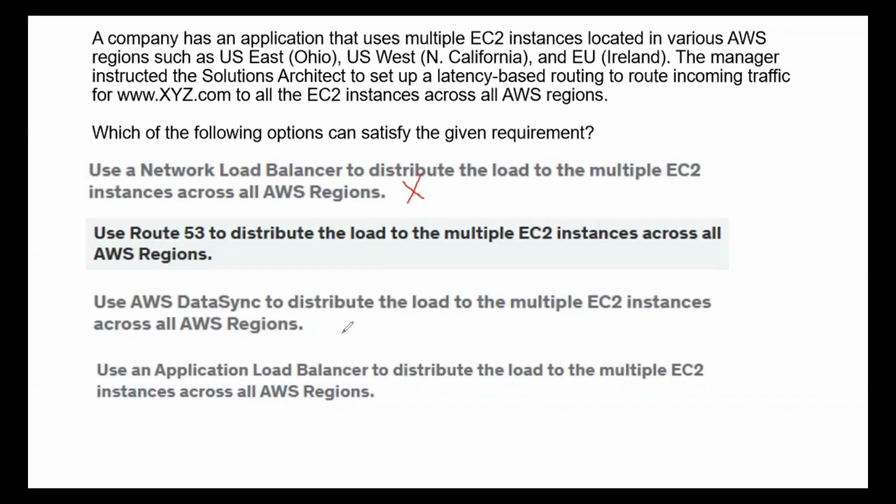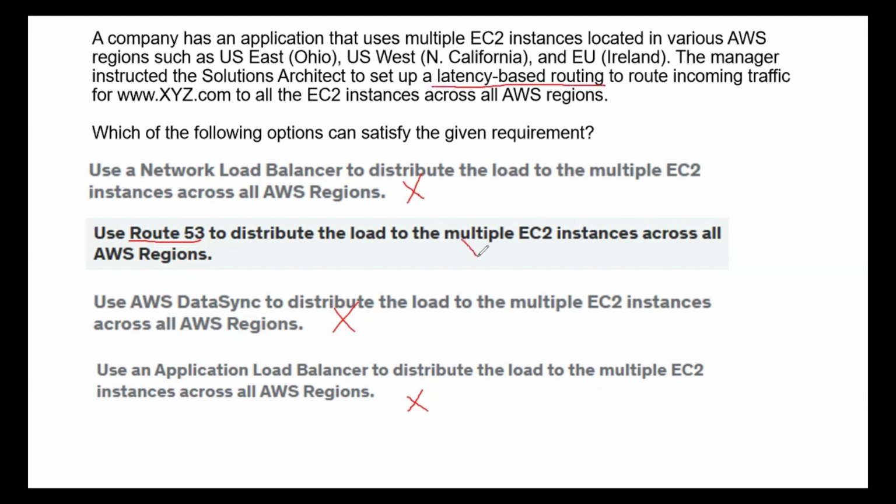And AWS DataSync to distribute the load. DataSync is not a service to distribute the load, so we have to exclude this as well. Again, application load balancer is a region-specific service, so this can be excluded. We need to pick a service which is global and which can span across the regions, and that is nothing but Route 53. They have also given latency-based routing, which is a keyword here, right?